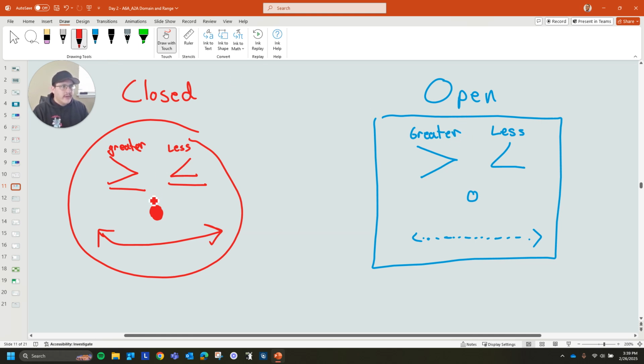Okay, underneath these lines, these mean equal to. But without those lines, there's no equal. Dots open means it's empty, means you don't include whatever that dot or dashed line is covering. Okay, so with open, you're going to be using these symbols. With closed, you're going to be using these symbols right here.